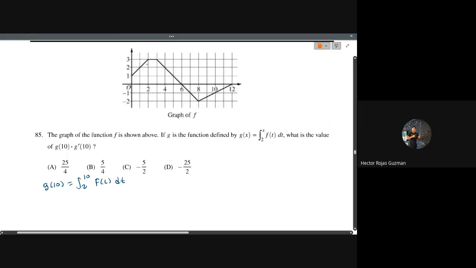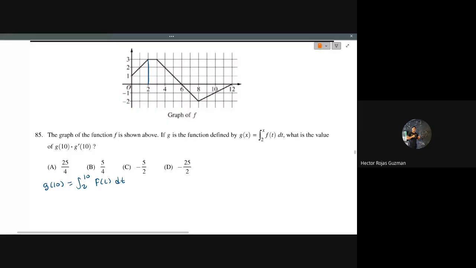If I look at my graph, we have a trapezoid. And then from 6 to 10, it's kind of weird because it looks like a triangle, but it's not.